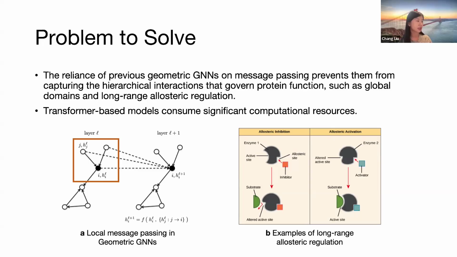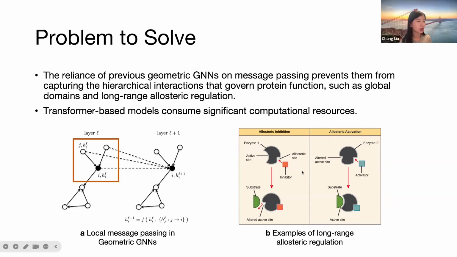We notice that traditional geometric GNNs rely on message passing, which prevents them from capturing the hierarchical interactions that govern protein function, such as global domains and long-range allosteric regulation. On the right side, we illustrate an example of long-range allosteric regulation.